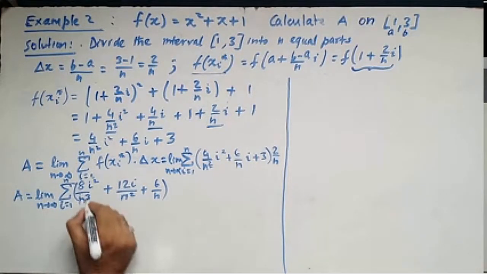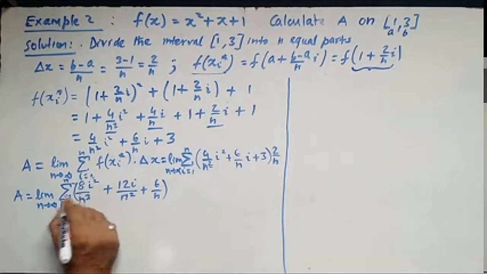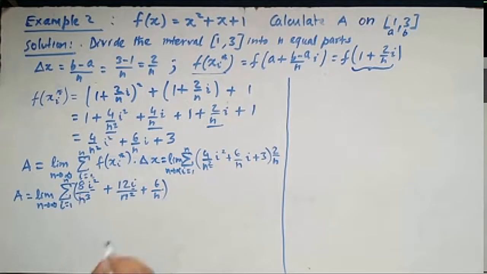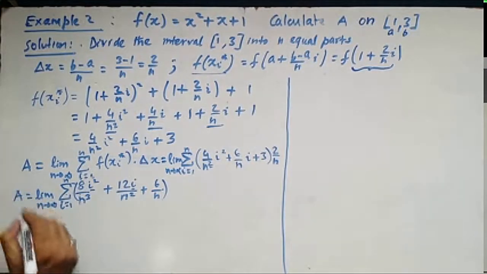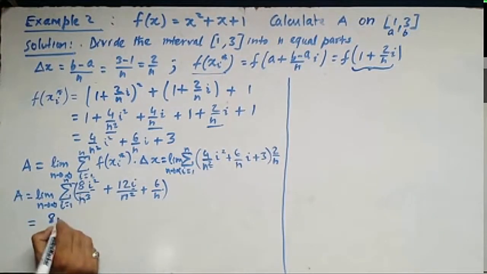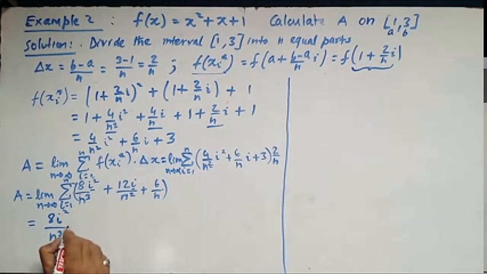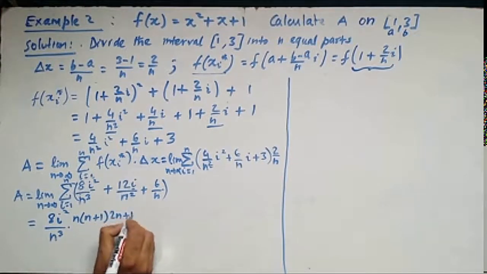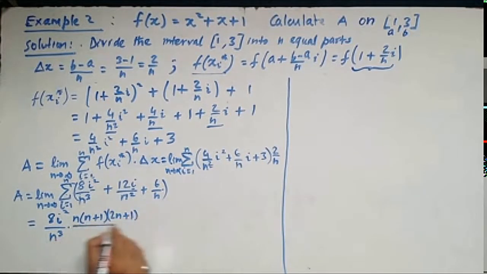So now we just have to replace, as we know, the formula for summation from i equal to 1 of i squared, i, and a constant. So what we get here is 8 of i squared by n cubed. Summation of i squared we found was n into n plus 1 into 2n plus 1 by 6, right?